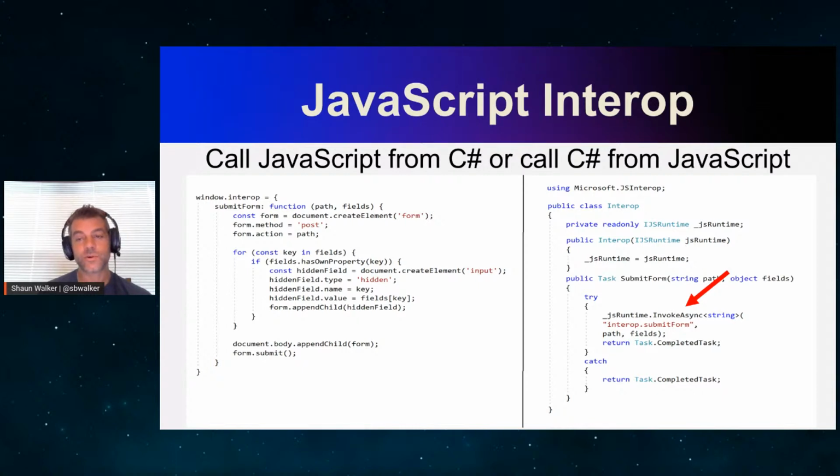And you can also do vice versa. You can call C# from JavaScript as well. So this opens up a lot of possibilities for developers who need that interactivity between their C# code, which is running in the browser, and JavaScript code, which is running in the browser as well. So pretty powerful stuff.